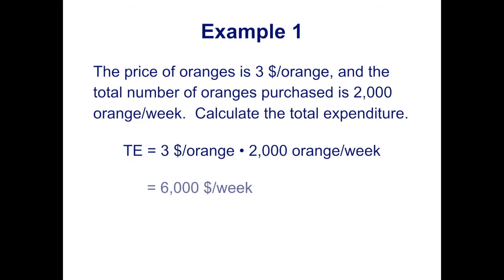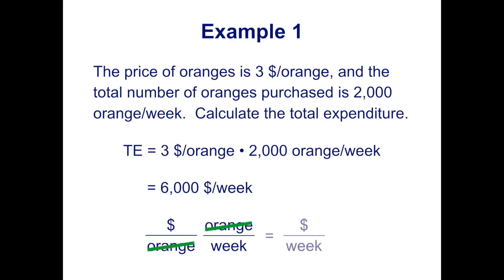When we do this mathematical operation, we have 3 times 2,000 giving us 6,000, and we have dollars per orange multiplied by oranges per week. This is the dimensional analysis. We see that orange divided by orange cancels out this particular dimension, leaving us with dollars per week.